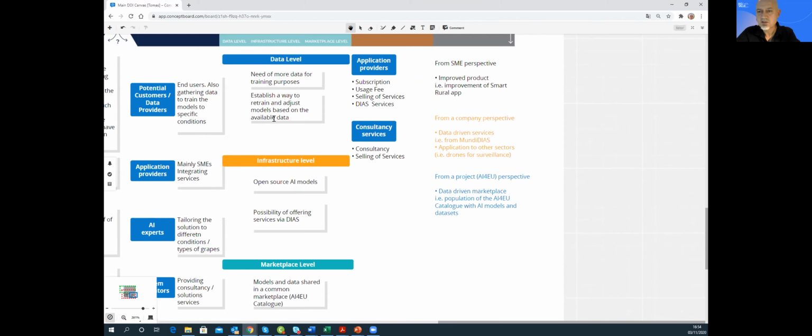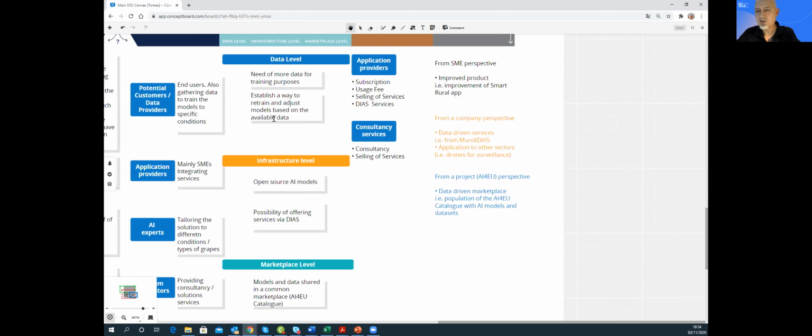So we have an experimentation facility where we plan to deliver these services. And also we have a catalog where the data will be accessible. This is mixed somehow with the marketplace level, because it's not a marketplace, but it's something similar where people could get the models, get the data, and use it.